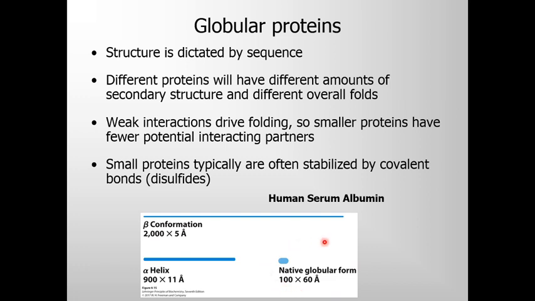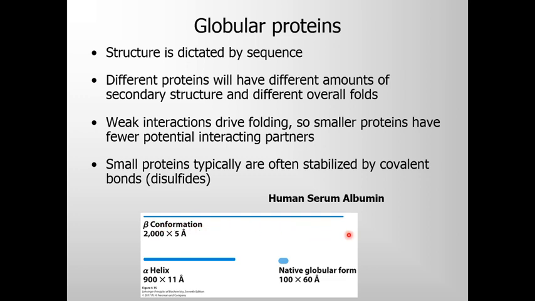So if it takes up the form of a globular protein, it doesn't need much space, as compared to just taking up a beta conformation, which means that this protein is made up of only beta sheets comprising beta strands.